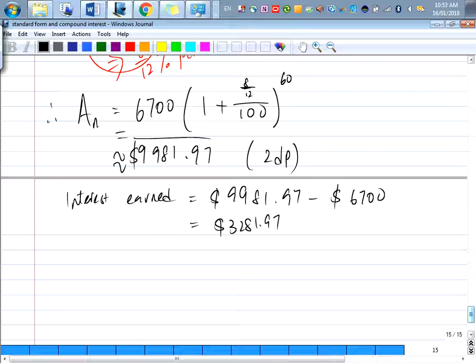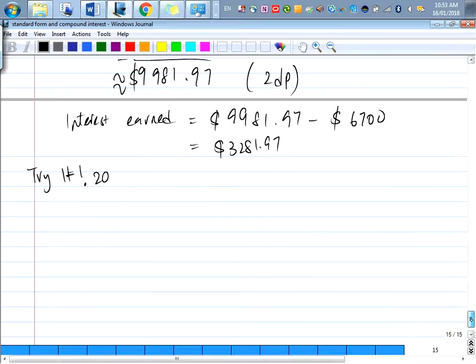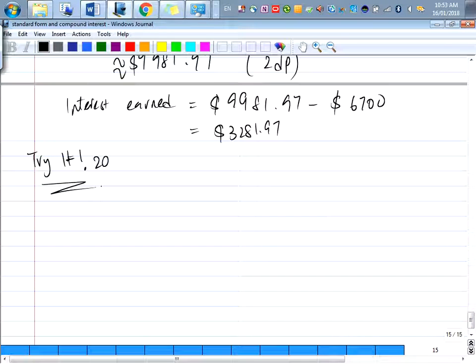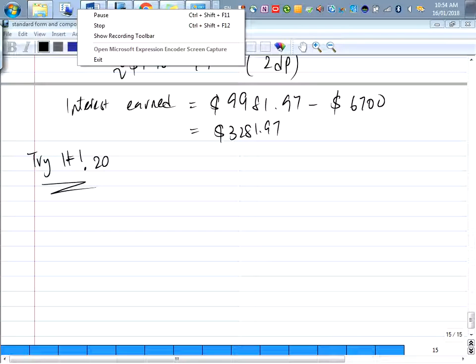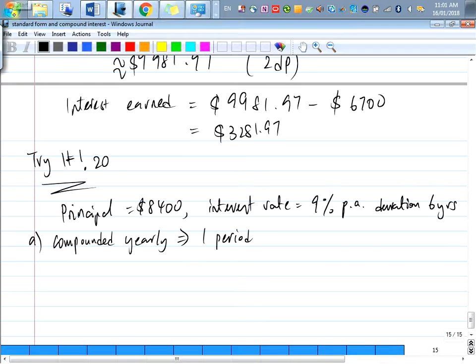Okay? Here's where you need to try and practice yourself already. Do Try It 20 yourself. All the steps that I gave to you for example 20 are also found in it. It tells us that 1 period equals 1 year. Okay?